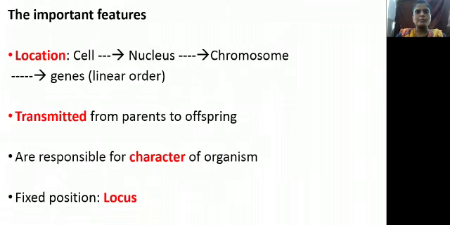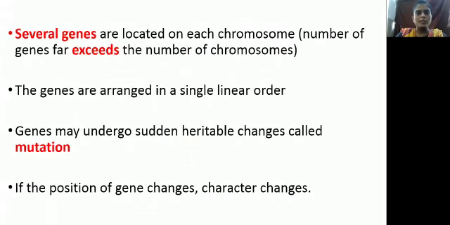They are responsible for character of organism. The site at which genes are present on chromosome is called locus. Several genes are located on each chromosome. As I told earlier, in a single chromosome, many genes are located. The number of genes far exceeds the number of chromosomes. The genes are linearly arranged.